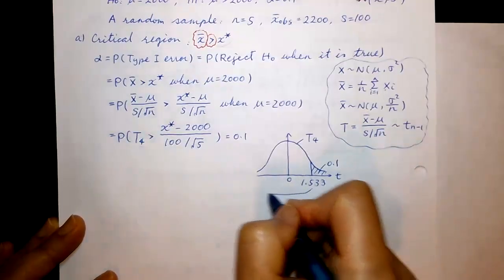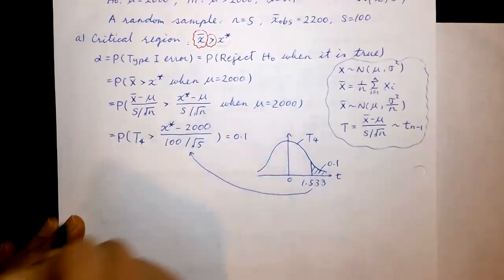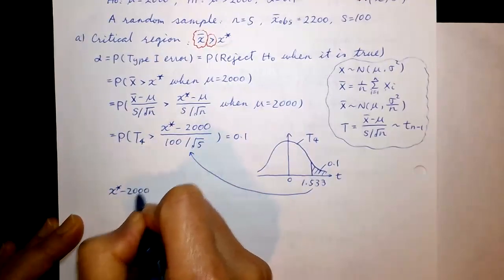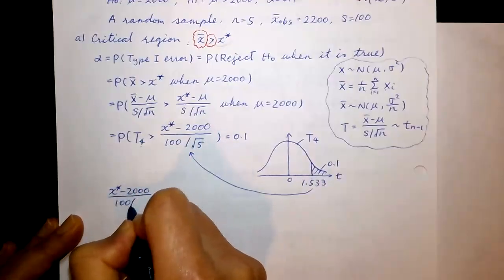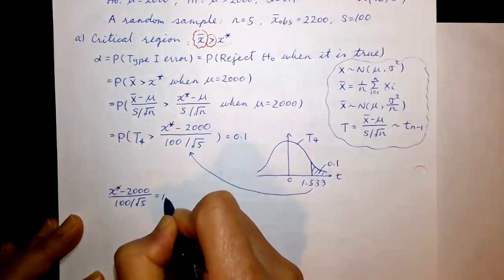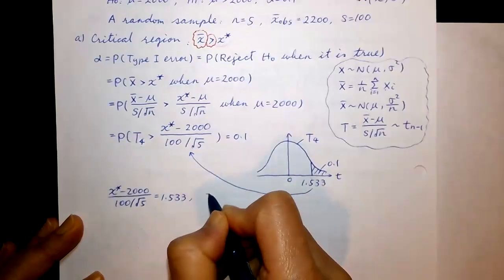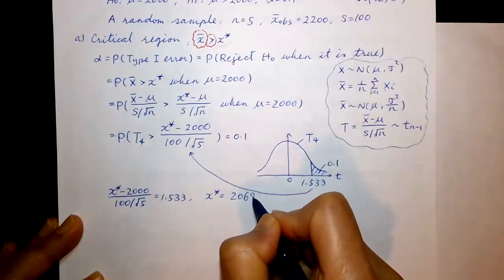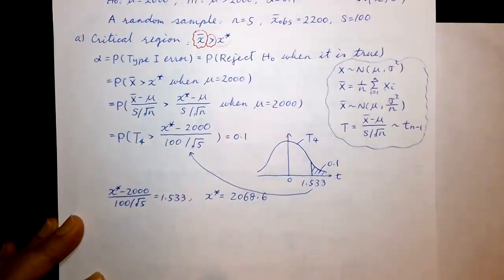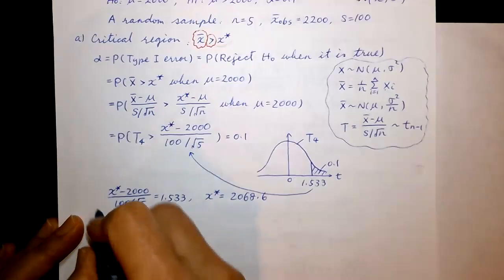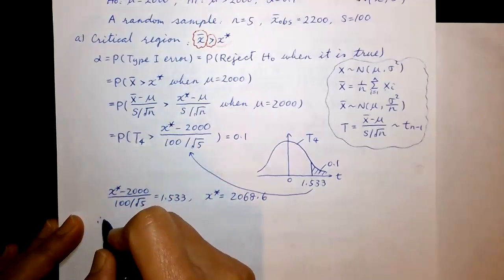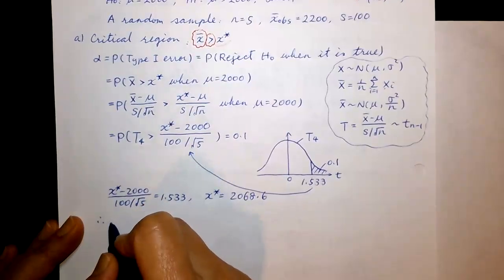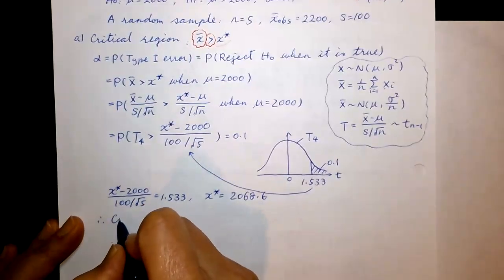This is the t value that you refer back to for all these, and find this unknown, this star value. Now the question asks you to find the critical region. And then you just write a sentence to claim that I found it.